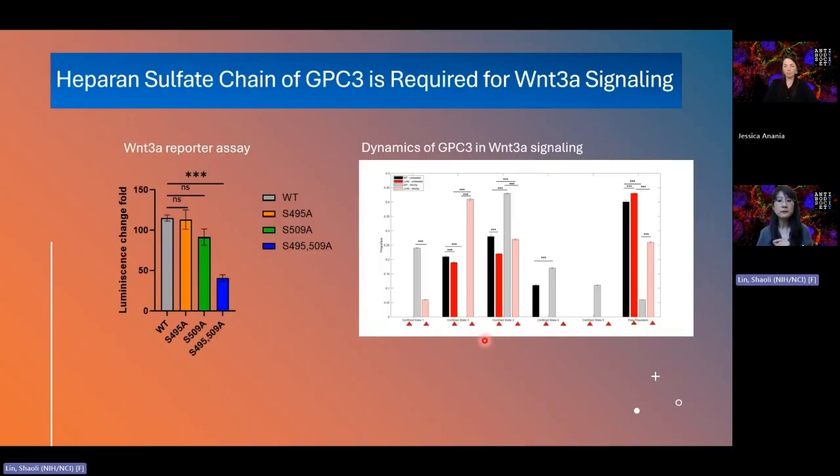And for most of the confined states, we still see an increase for those molecules, while for the free diffused states, we see around 40% decrease for GPC3 molecules, indicating that the heparan sulfate chain is also important for the confined diffusion in Wnt3A signaling. However, this effect is not as significant as with wild-type GPC3. So the heparan sulfate chain is also playing a role here.